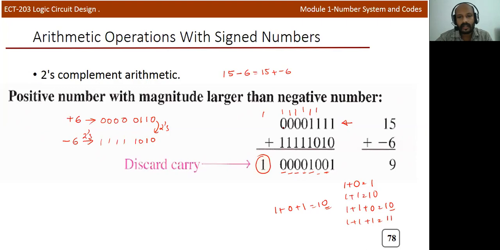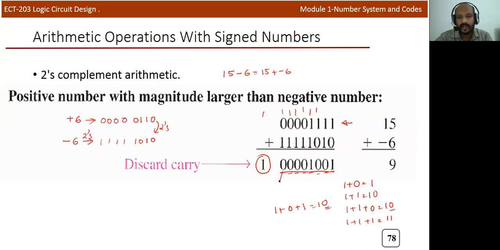And initially we started the problem by representing each number in 8 bits. Now we can see that up to this much, this is 8 bit, and you can see that there is a carry.